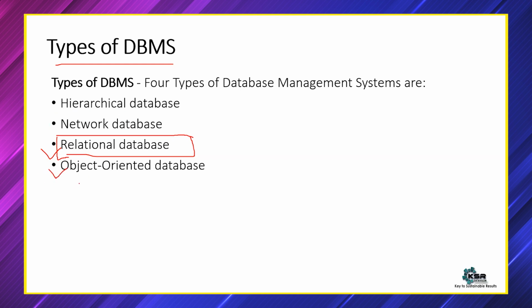Now if you take an example of NoSQL related concepts, they are most probably object oriented databases. In NoSQL, there is no structure, there are no table like views, there are no relations. In that case, it is an object oriented database. MongoDB, you can call it object oriented, more specifically.